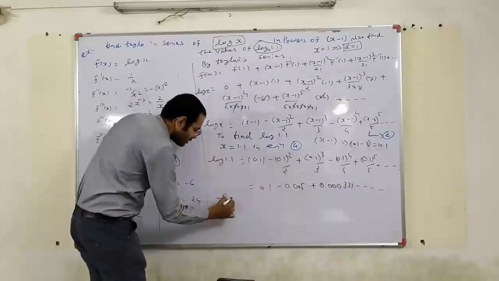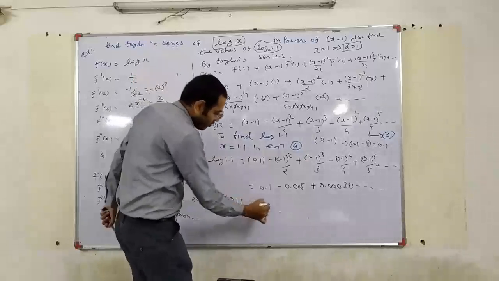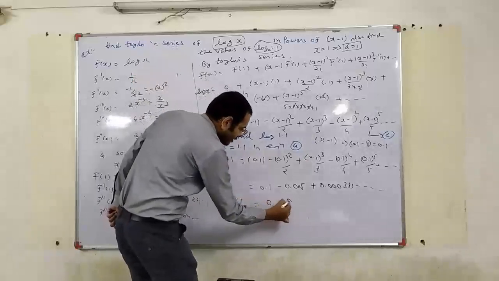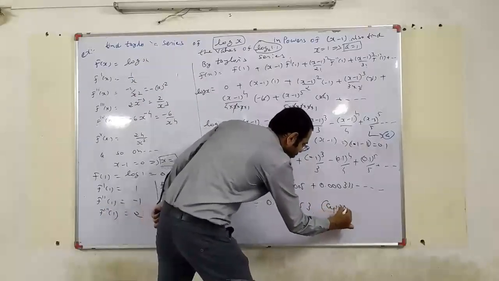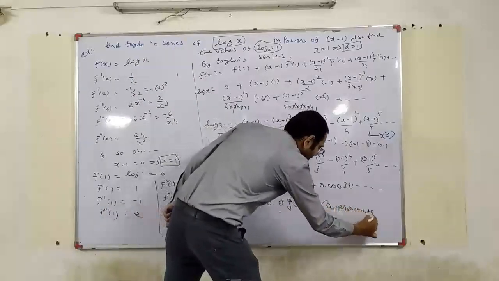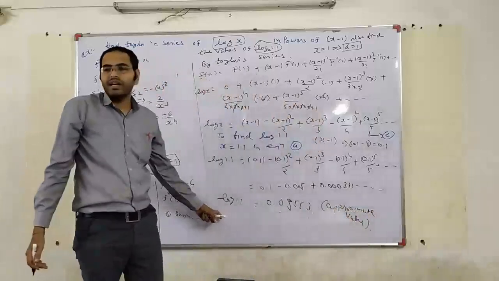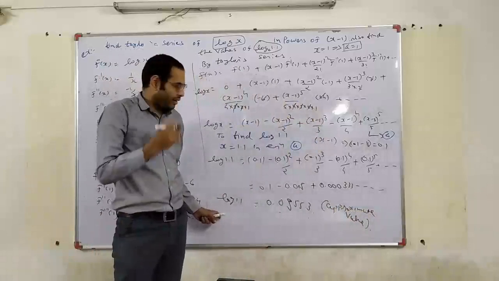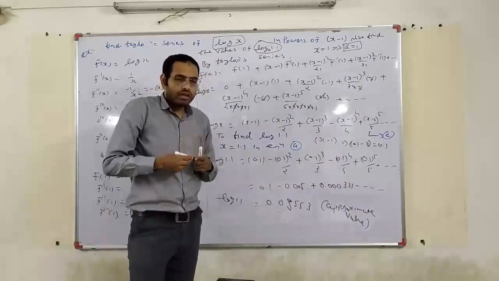Now adding and subtracting these values, we get 0.09553, that is the approximate value. You can find ln 1.1 directly in the calculator, and we get exactly this value.